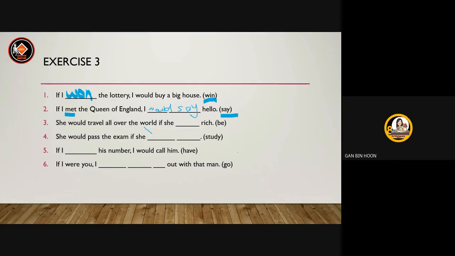Okay, let's continue. She would travel all over the world if she were rich. So what's the answer? Anybody? This is correct. Would travel. So the if clause, if she were rich, this is called the if clause. So she would travel all over the world if she were rich. So what's the answer? Yes, class?